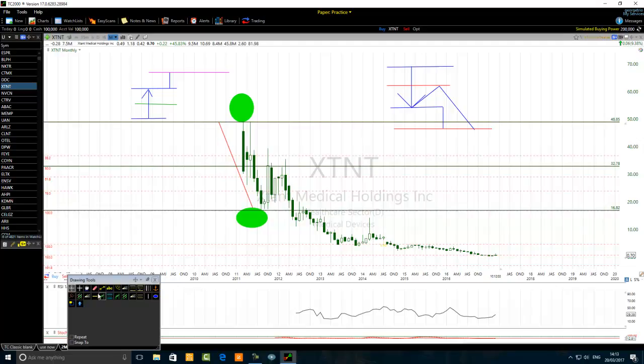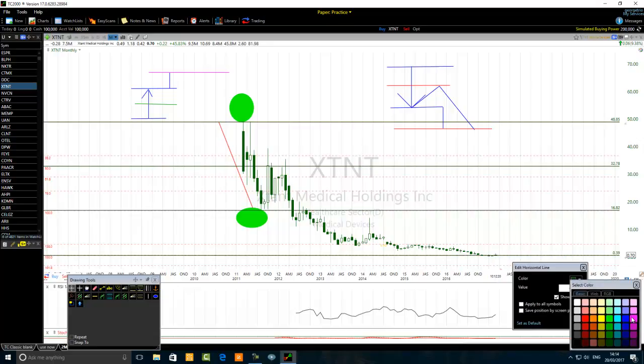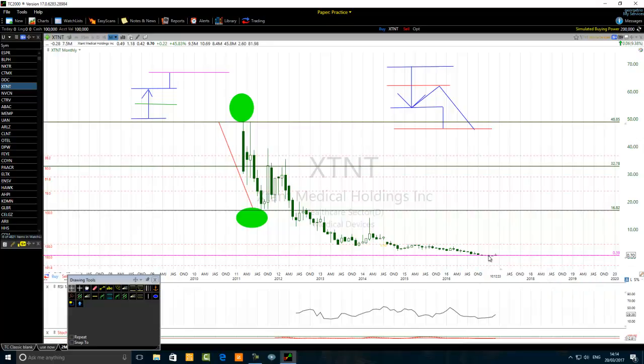So at this point, you can see that this stock we are looking at is exactly at the 150% Fibonacci extension level. Here it is, exactly on that level. Can you see? That's where we are now.